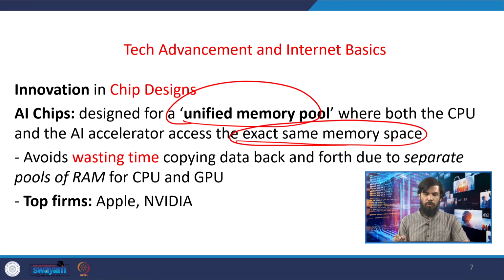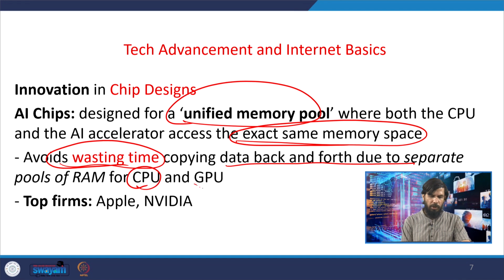So whether the CPU needs some memory for execution, or the AI accelerator needs memory for accelerating the execution, the exact same memory space can be used, and therefore time can be saved. A lot of time is traditionally wasted when we copy data back and forth due to separate pools of RAM for CPU and GPU.